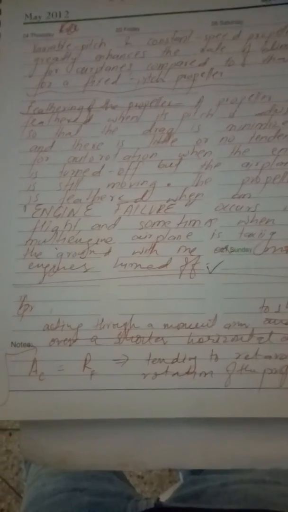To avoid that tendency and minimize the drag, the pitch is adjusted with the help of the propeller when we feather it. So this is the concept, the whole thing surrounding the pitch, the drag, and the autorotation.